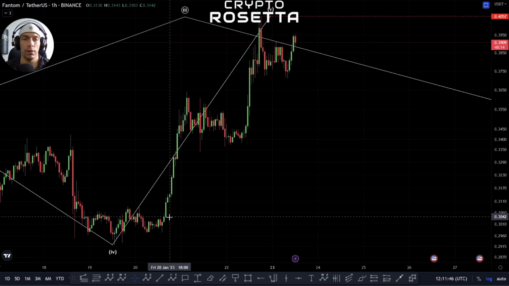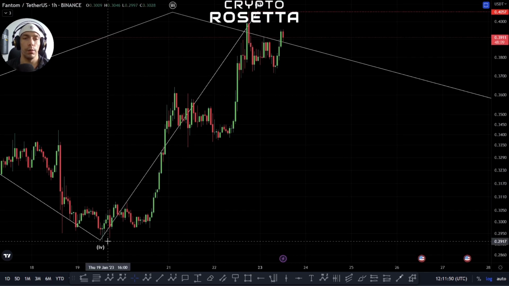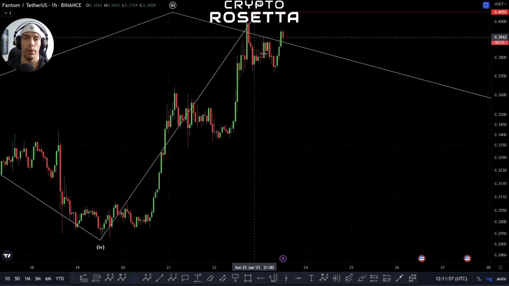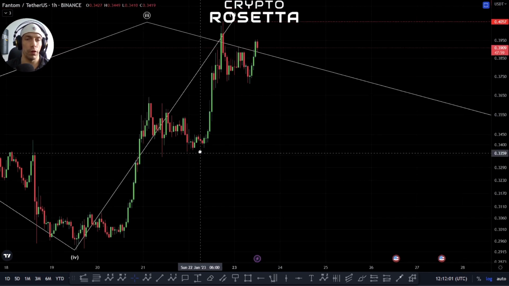There's a couple of options within this. Effectively, there could be an extension in this last wave, so we could actually have an additional fifth still to come within this structure.